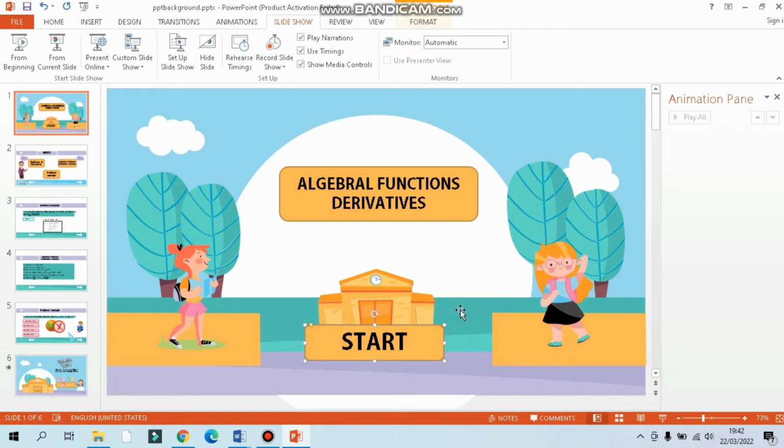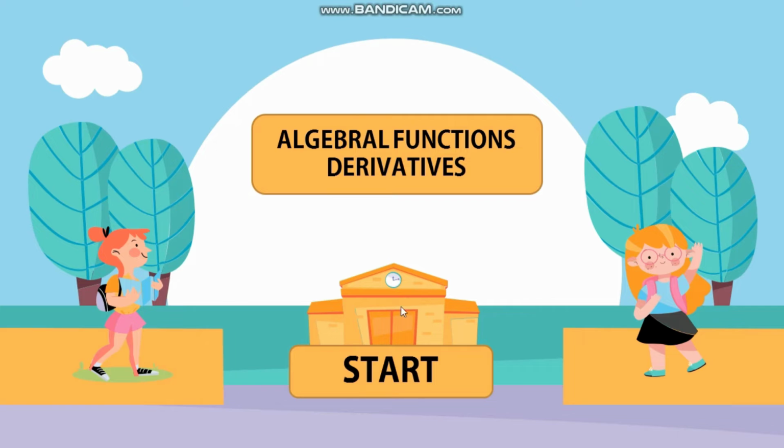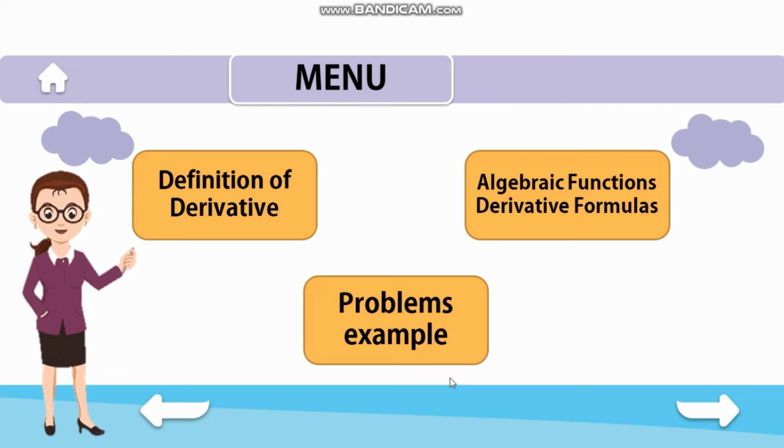Okay, next click OK. So if we click the start button, the next slide will appear, which is slide 2. Okay, we can try the slideshow. If we click outside of the button, it will not go to the next page. But if we click start, the next page will appear.